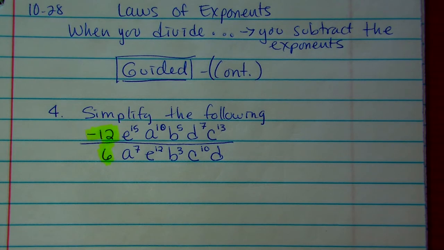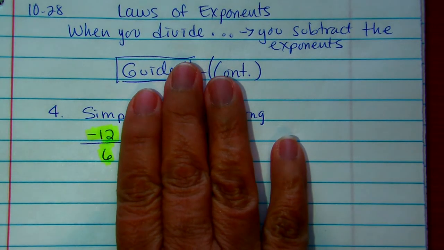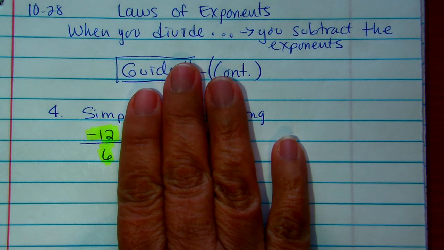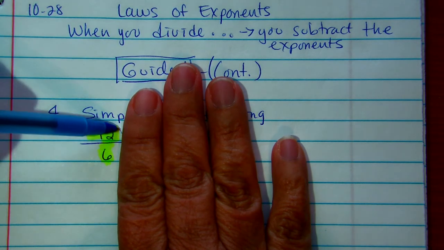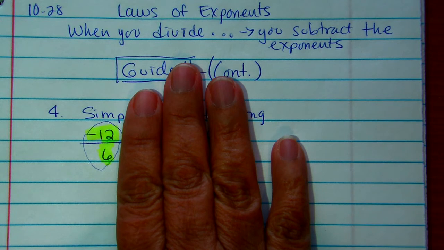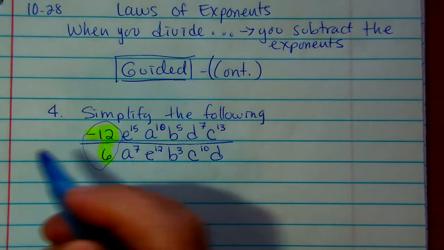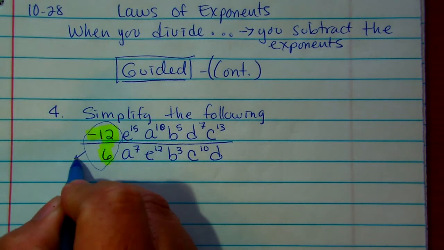And just like I mentioned yesterday, what if the letters were not there? Then you see this operation: the negative 12 divided by 6. Yesterday I didn't make the note, but let's make the note right here.